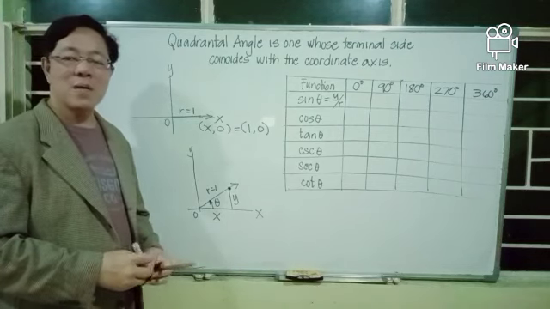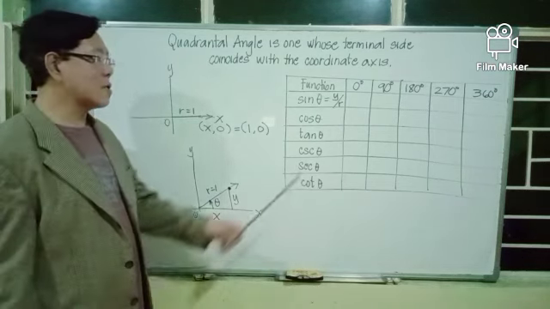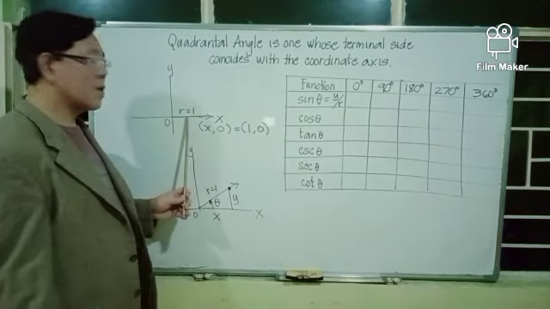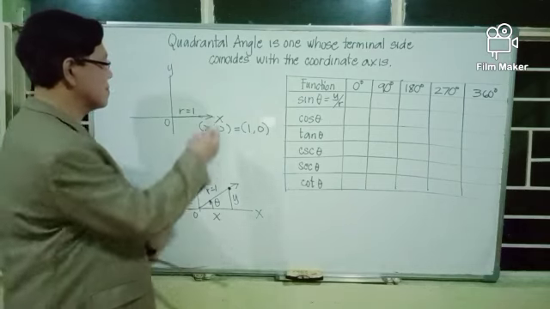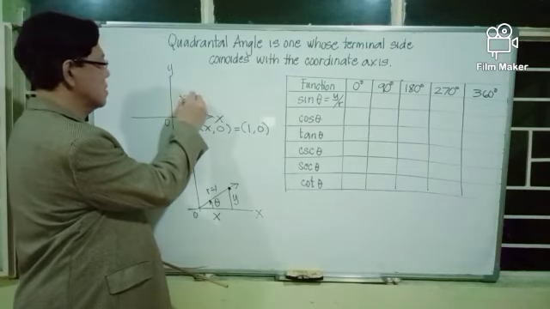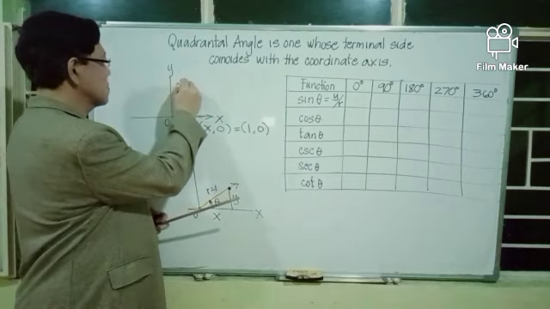Hence, for the quadrantal angle 0 degrees, the value of the radius vector is 1, the value of x is 1, and the value of the ordinate is 0.